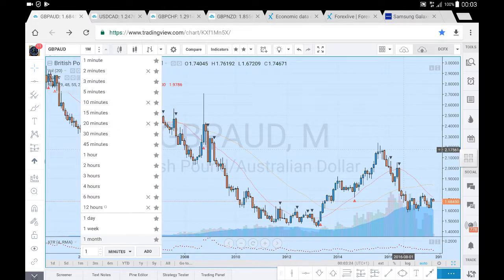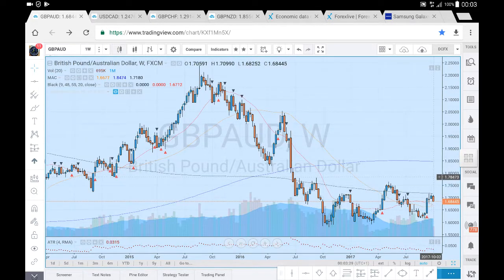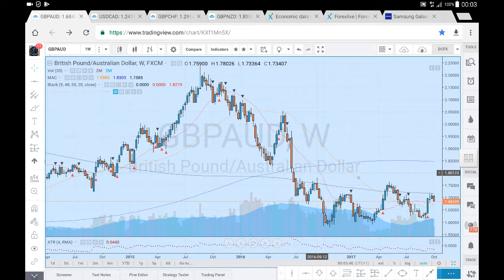Let's go out to the weekly. Let's see where we are, because we're obviously in the first week of the month. On the weekly, we have sold off from this larger moving average, which has acted as resistance on a couple of occasions now, even though sometimes it doesn't hold perfectly, like this example around May and around July.